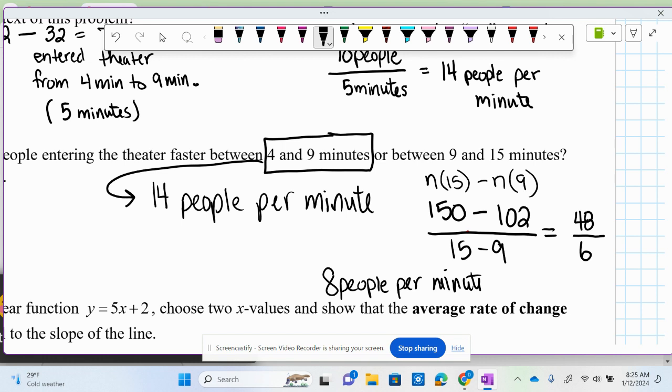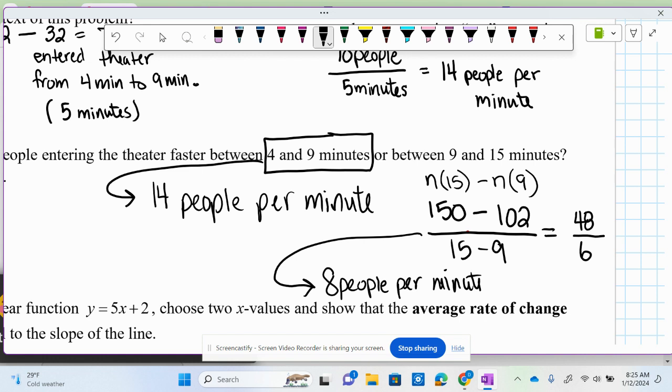So which one had people entering at a faster rate? The 4 to 9 minute interval or the 9 to 15 minute interval? Yeah, people were entering faster at the 4 to 9 minute interval. Does this make sense?